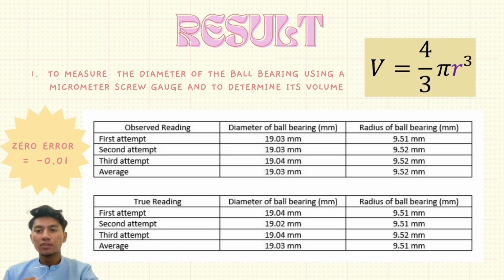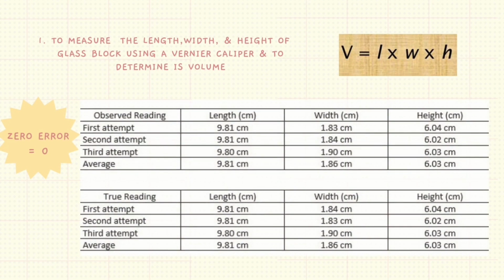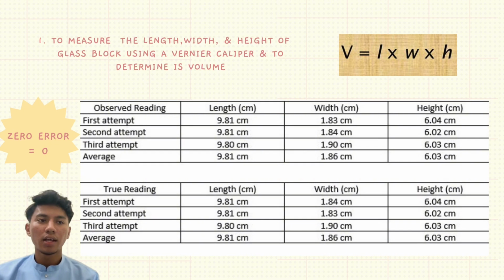The micrometer screw gauge has a zero error, which is equal to minus 0.01. Because of that, our true reading for the diameter of the ball bearing is 19.03 mm and for the radius of the ball bearing is 9.51 mm.